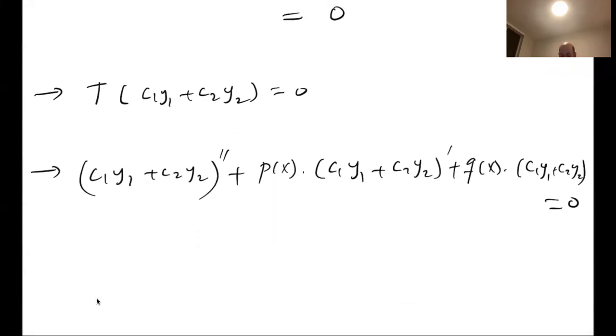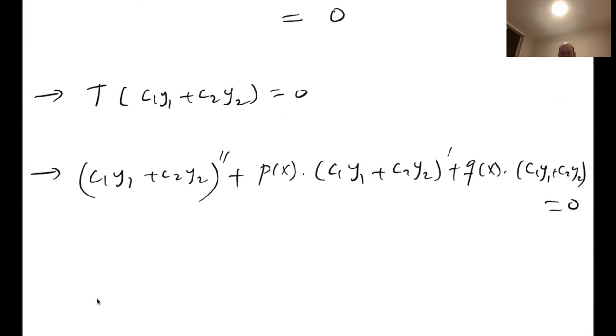So T of C1 y1 plus C2 y2 will be, if you call it, for example, W or whatever you want, then this will be W double prime plus P of x W prime plus Q of x times W. And we already showed that this is 0, so this is 0.